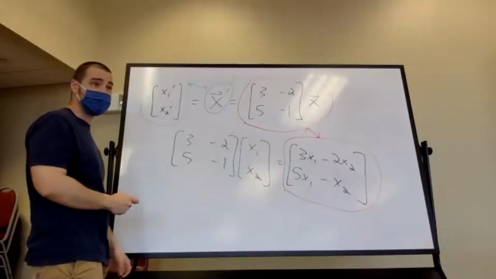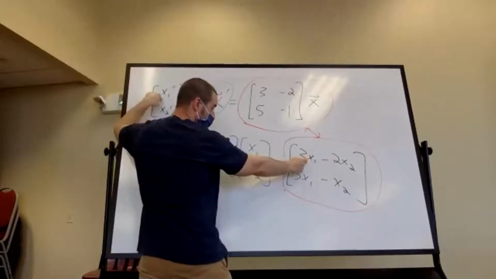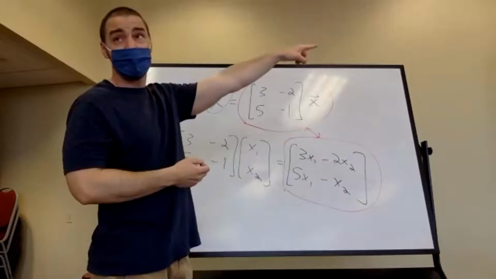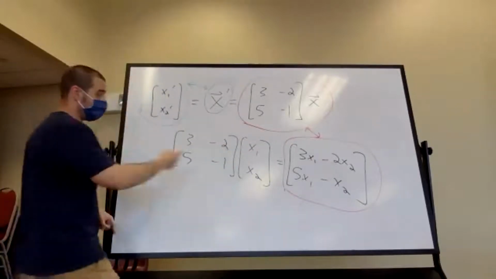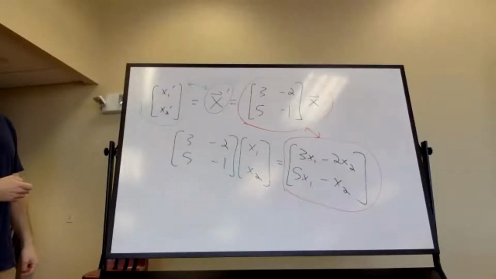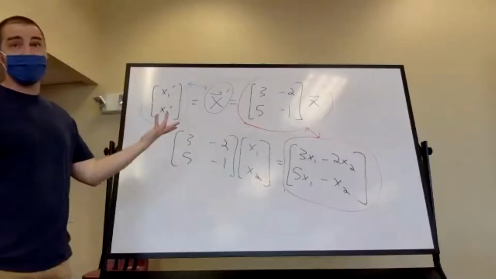I'm just saying x1 prime, top entry equals top entry, equals 3x1 minus x2. But that's one of the equations I started with. And then I'm simultaneously saying this bottom entry must equal this bottom entry. Everybody see that? I've taken that 2x2 system and I've just written it in a different but equivalent way.